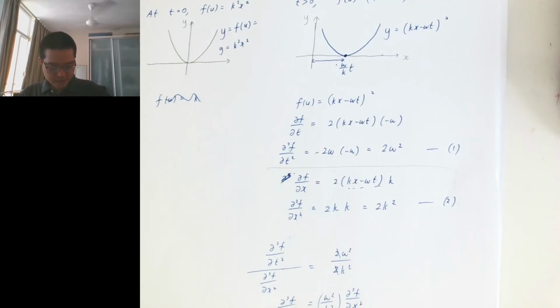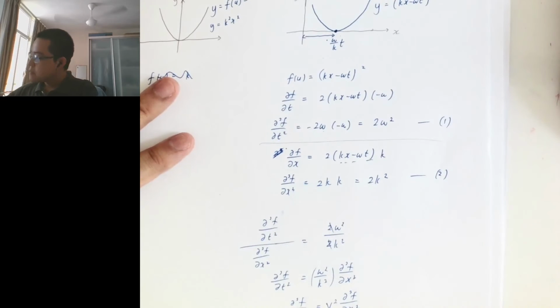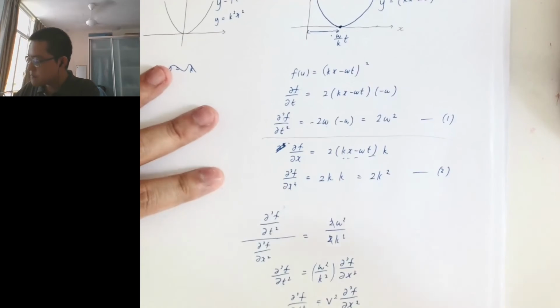Okay. So the main reason I want to derive this is that, this is page 4, this is page 5.